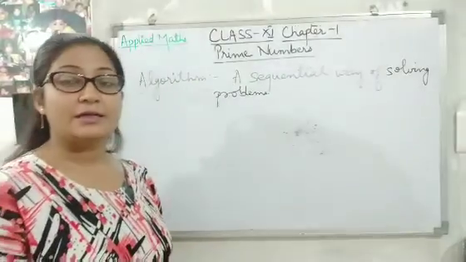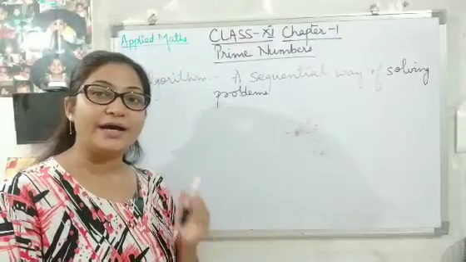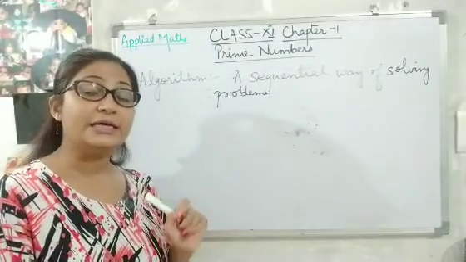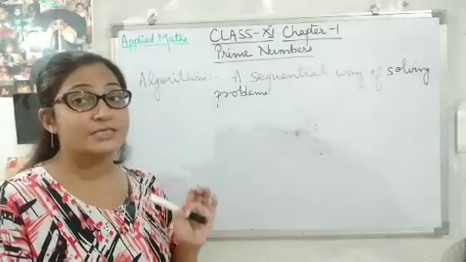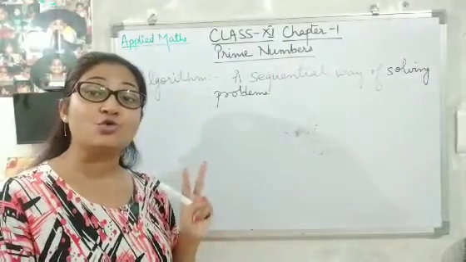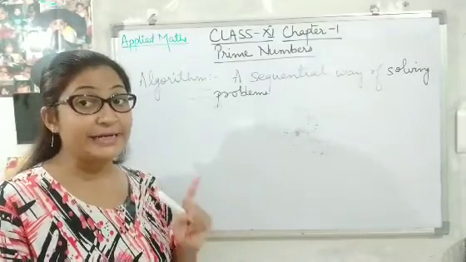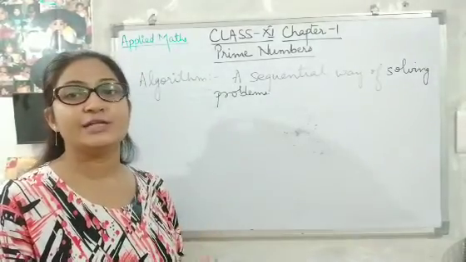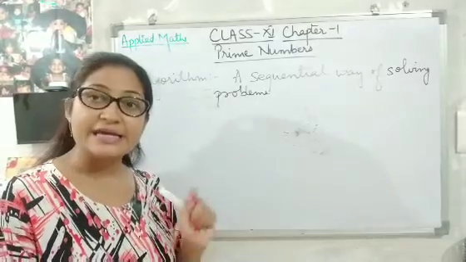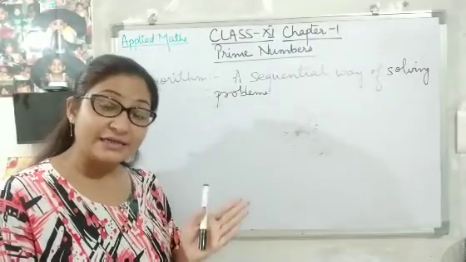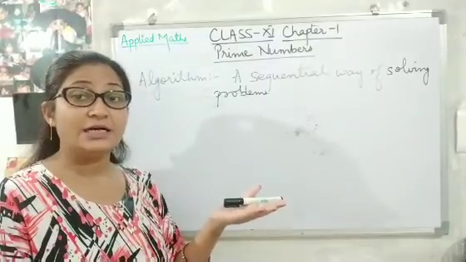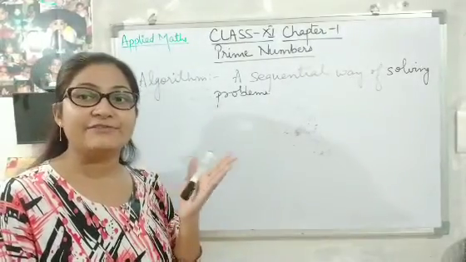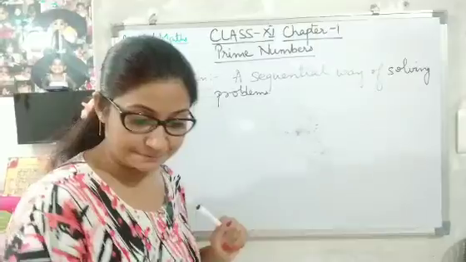As I was telling you why this algorithm has been chosen here, the reason is that here you are going to take the product of any two prime numbers. The product of any two prime numbers is easy, but if you take the factorization of the product you get, it will be quite difficult.